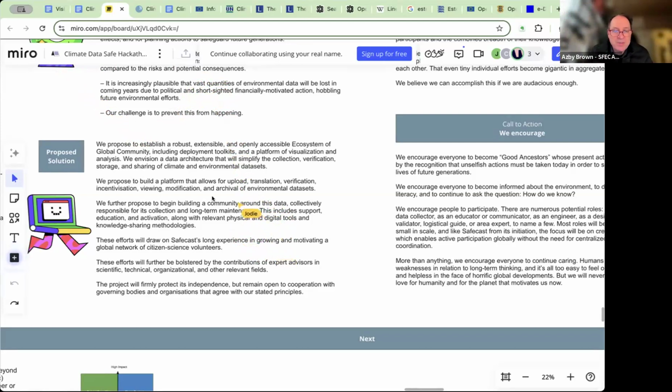We further propose to begin building a community around this data, collectively responsible for its collection and long-term maintenance. This includes support, education, and activation, along with relevant physical and digital tools and knowledge-sharing methodologies. These efforts will draw on Safecast's experience in growing and motivating a global network of citizen science volunteers. These efforts will further be bolstered by the contribution of experts and advisors in scientific, technical, organizational, and other relevant fields. The project will firmly protect its independence, but will remain open to cooperation with governing bodies and organizations that agree with our stated principles.